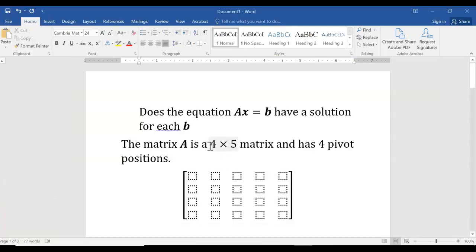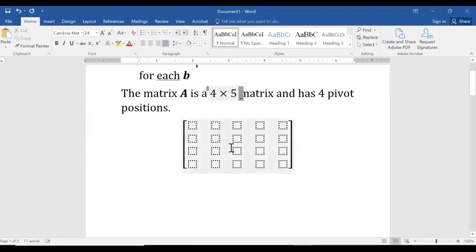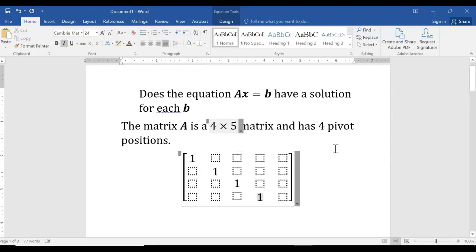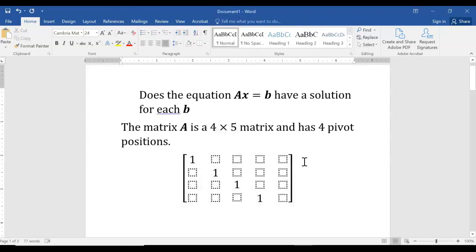So a matrix A is 4 by 5. That means 4 rows, 5 columns, and has 4 pivot positions. So if we have 4 pivot positions, imagine that there's zeros above and below. We are going to have a free variable, but that free variable is not going to impact whether or not I can get a solution. It impacts the fact that there's going to be infinitely many, but if we have B over here, is there any situation in which we're going to have all zeros equaling a 1?